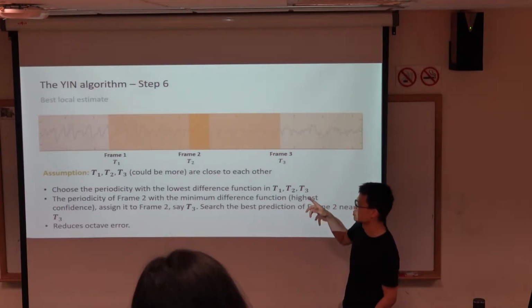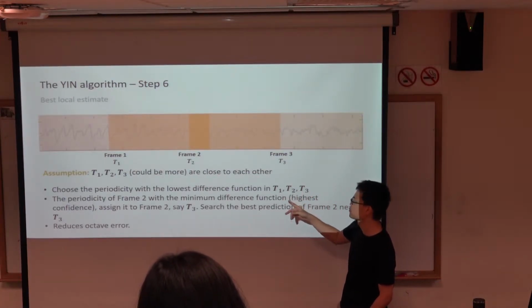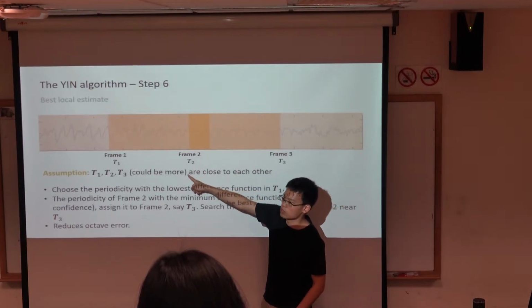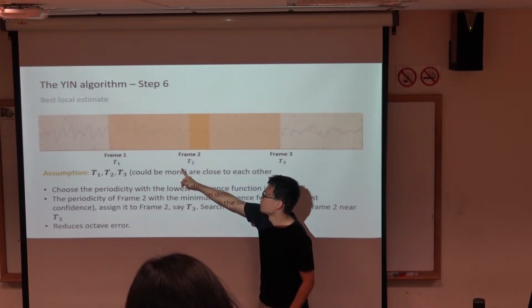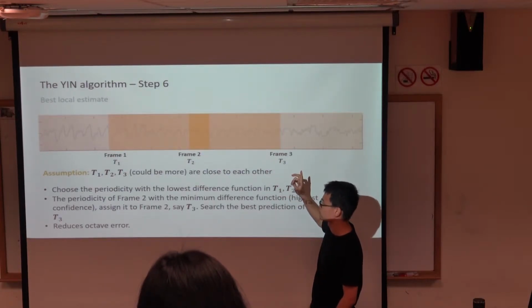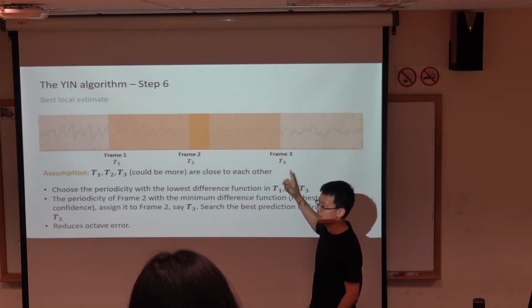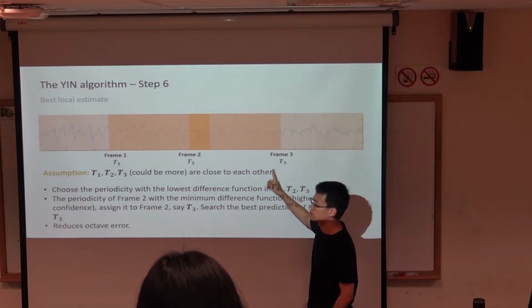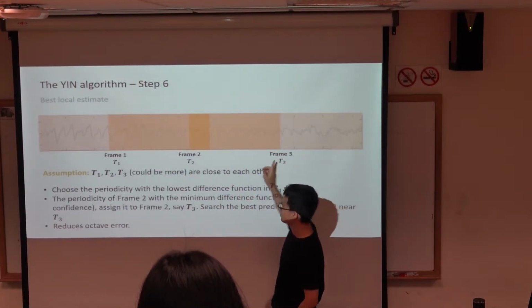So, before we conduct this step, T3 and T2 might be 1 octave away. However, we're going to choose the frequency of the highest confidence and assign it to each frame.